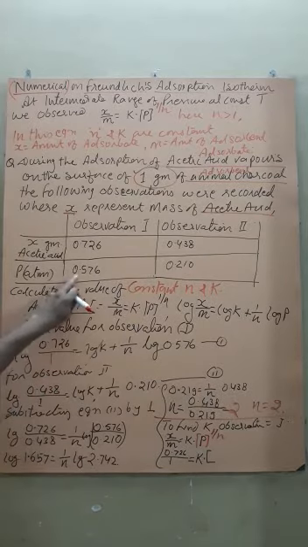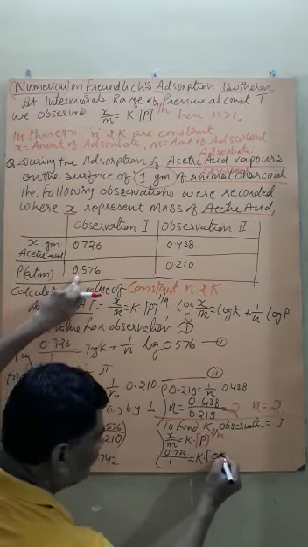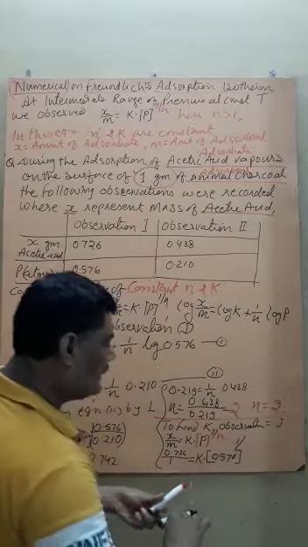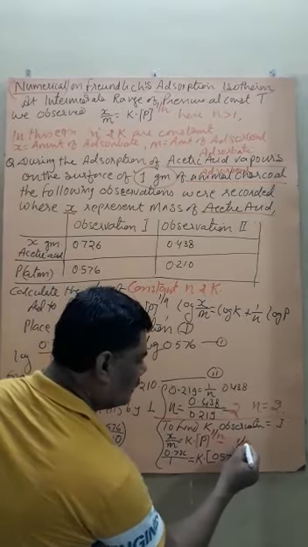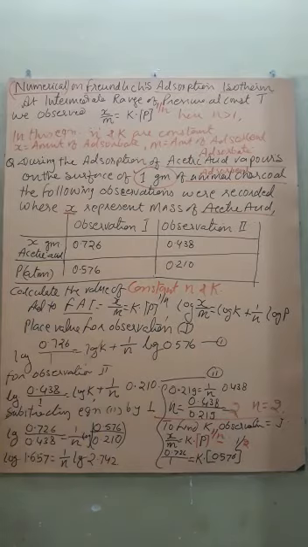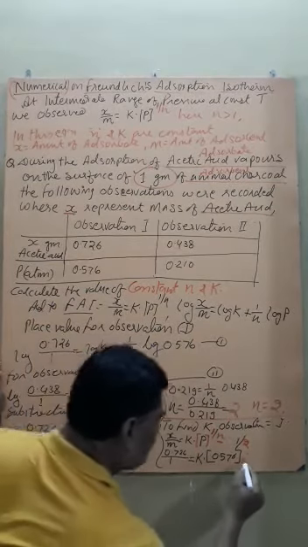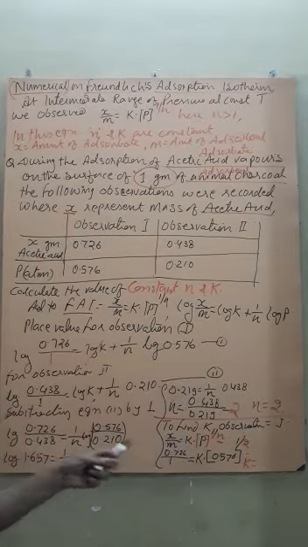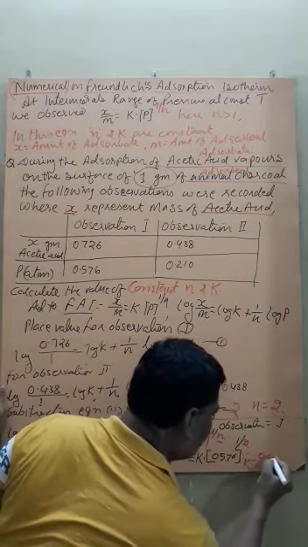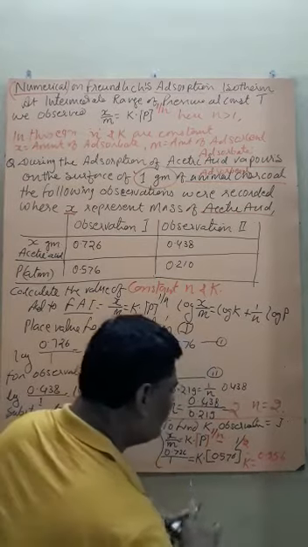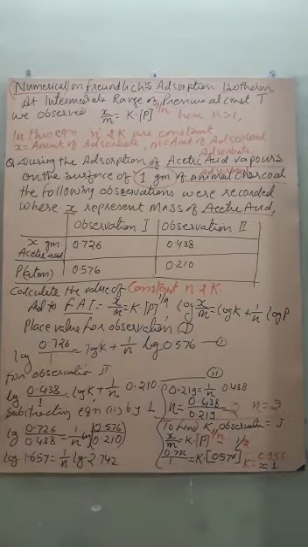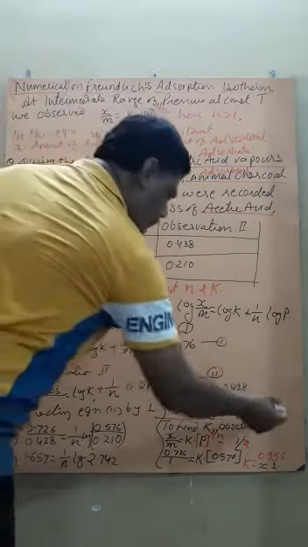The pressure is 0.576, and now 1 upon, in place of n you have to take 2. When you solve it completely, the value of K comes 0.956, which is almost equal to 1. So in this question, the constant K becomes 1 and the value of n becomes 2.